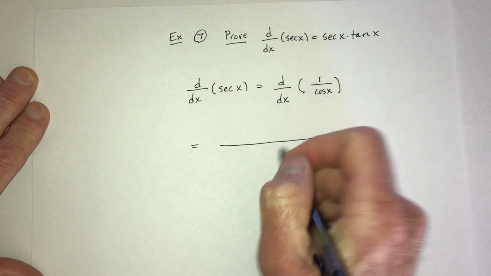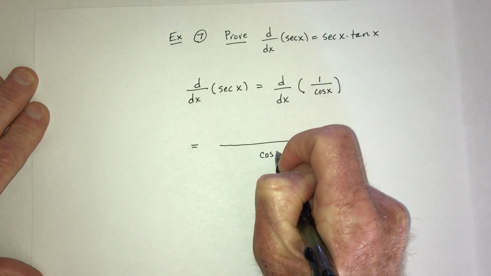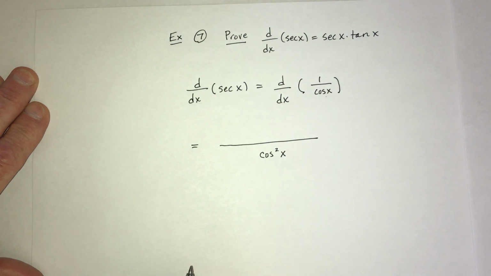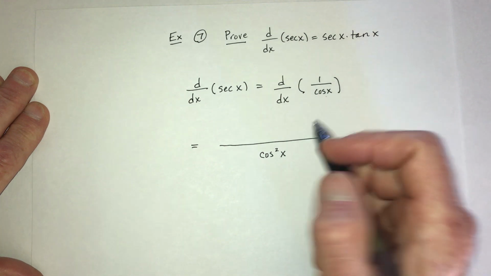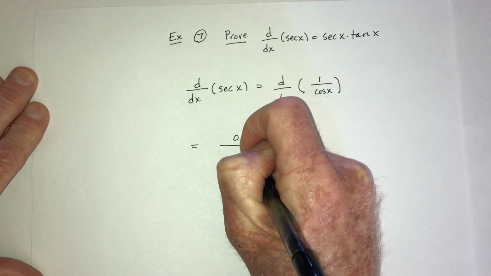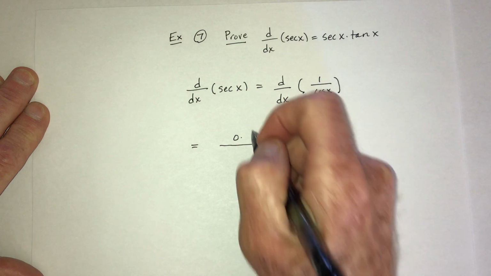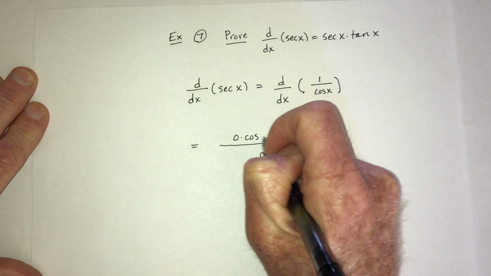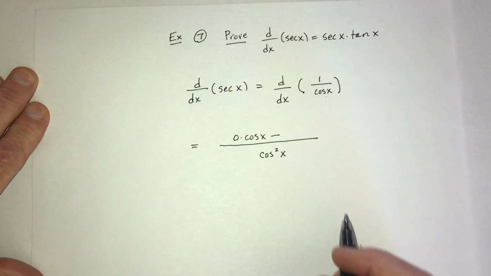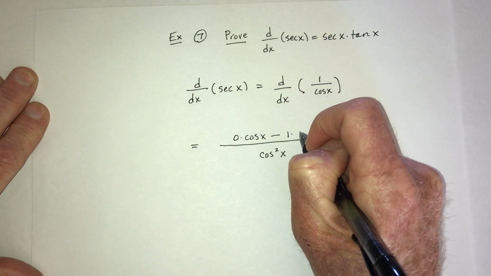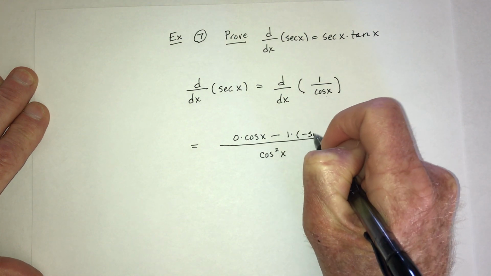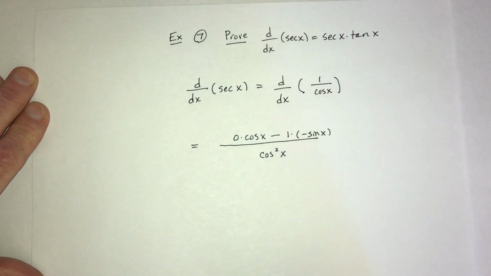So the quotient rule is going to be, well, the bottom gets squared. That's part of it. Now start taking the derivative and starting on the top. The derivative of the top would be 0. Derivative of 1 is 0. And then times the cosine of x. Next it goes minus. Leave the 1 alone and take the derivative of cosine, which is negative sine of x.